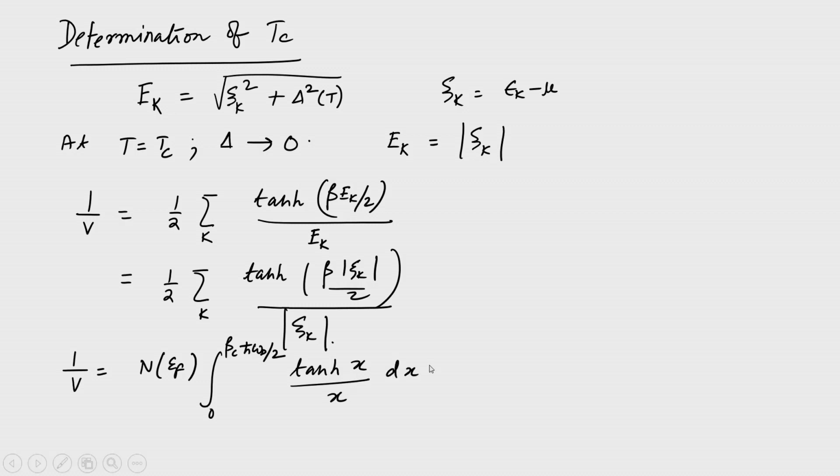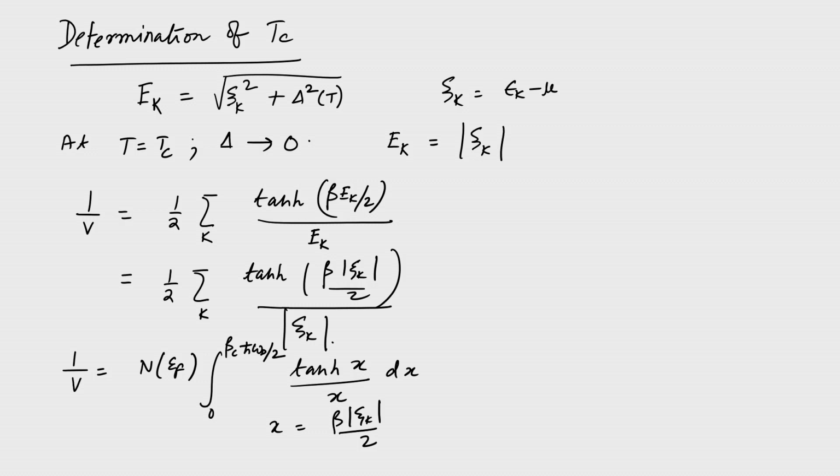So, basically x is taken as beta xi k by 2 and so on. You can just check that if you do that, then of course your energy integral goes from 0 to h cross omega D. But since you have done a variable transform with beta etcetera coming, x c is equal to beta c h cross omega D by 2.